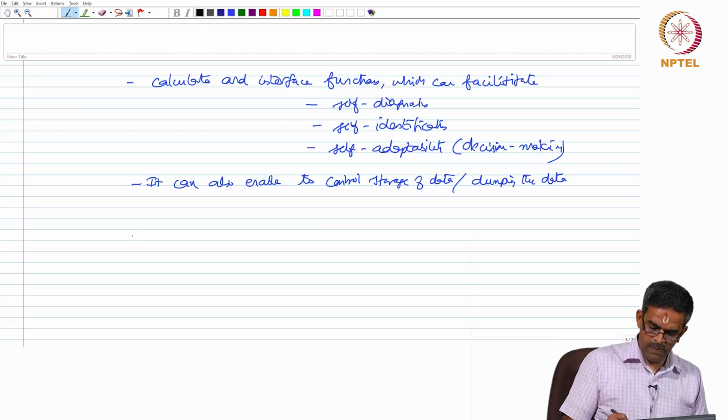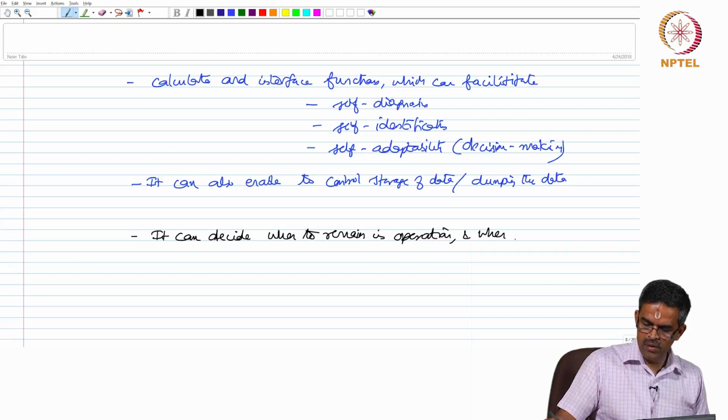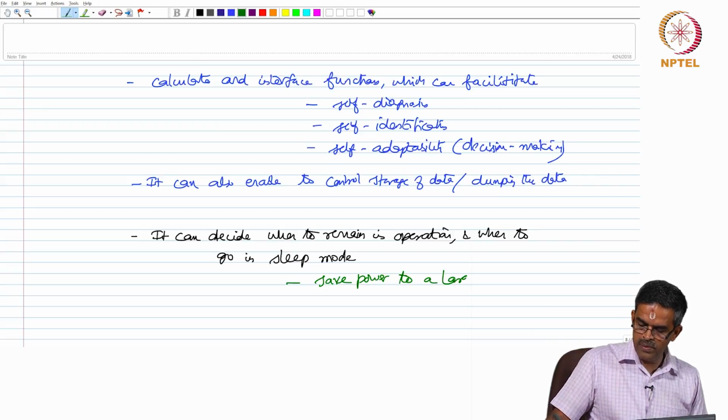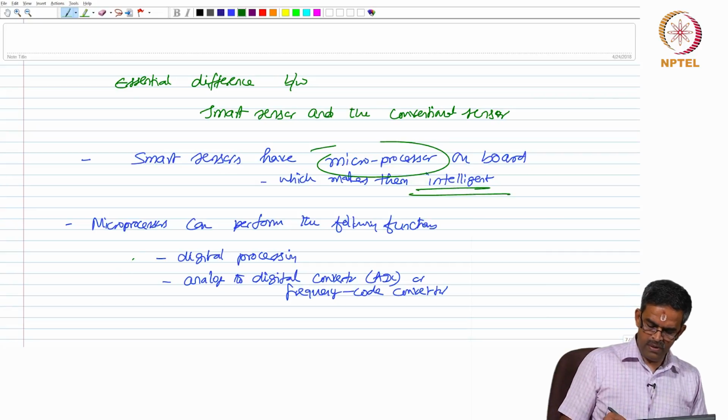More importantly, it can decide when to remain in operation and when to go in sleep mode. So, this can save power to a larger extent. So, presence of microprocessors makes the sensor intelligent in many ways.